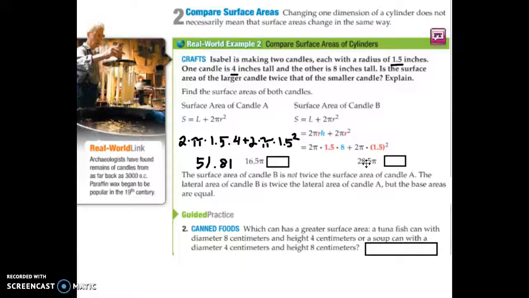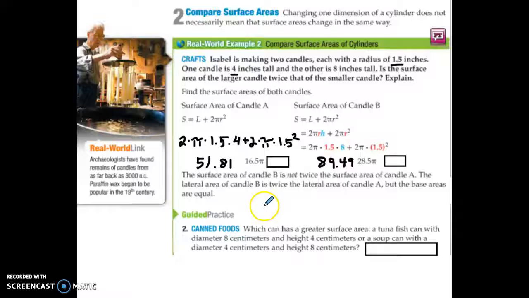Okay, so I do 28.5 times 3.14, and I get 89.49. So what would you think? Are they double each other? Is 89.49 double 51? No. Okay, it is not twice the surface area.